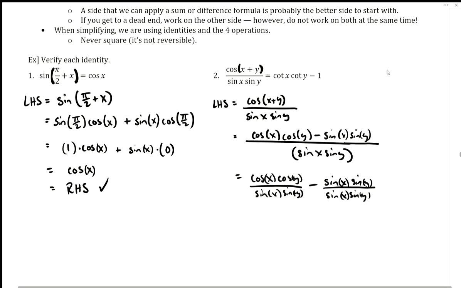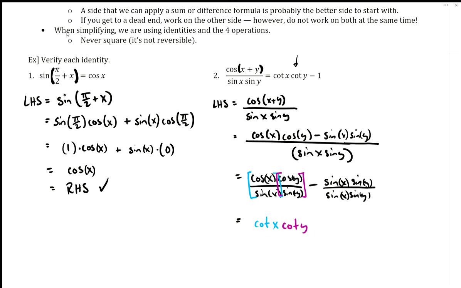Remember, the right-hand side is the answer, so that's what I'm trying to find. Notice my left fraction, cosine of x over sine of x, is cotangent of x. And my cosine of y over sine of y is cotangent of y.